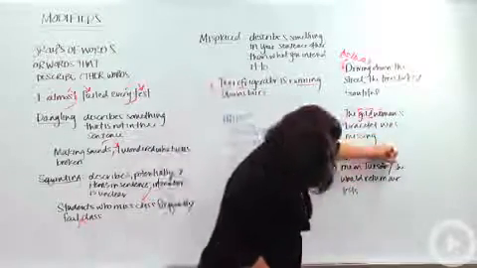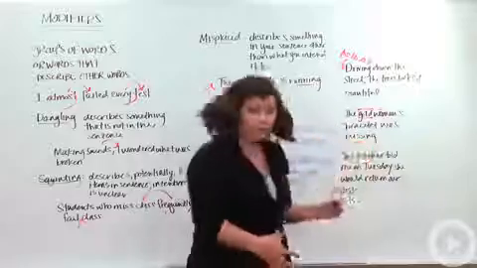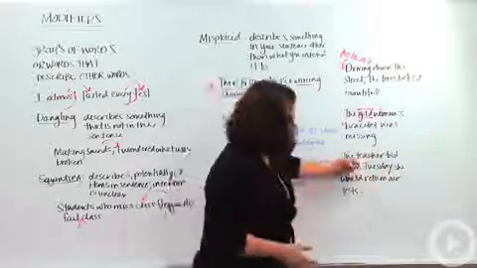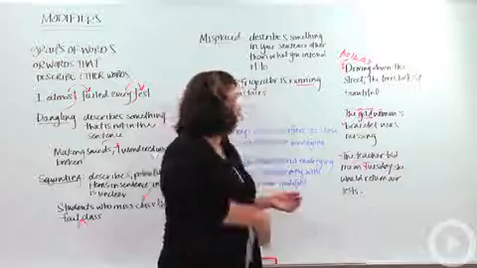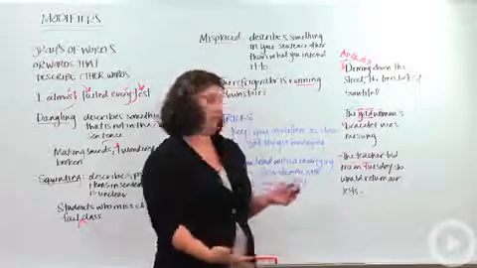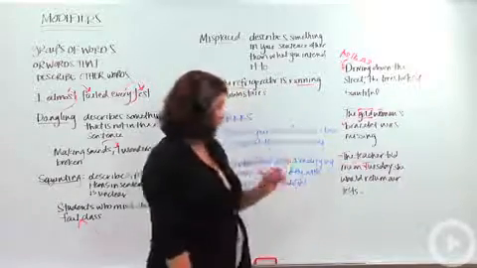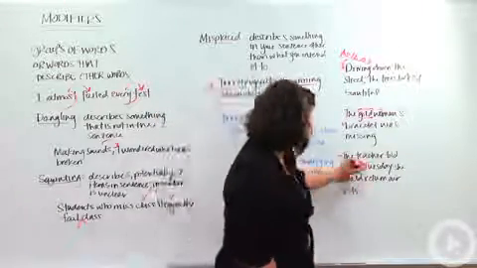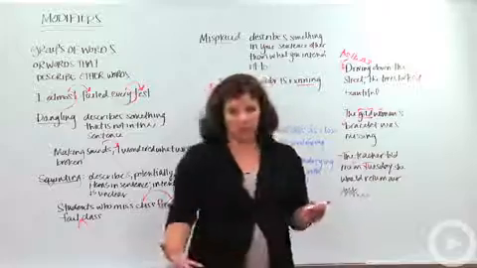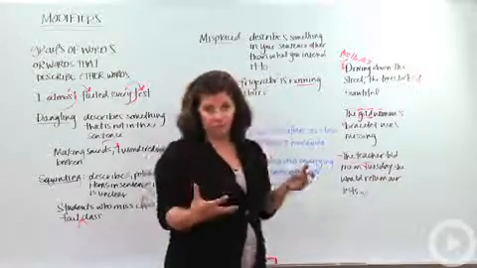So if I was trying to say that on Tuesday the teacher told me, I would move Tuesday up to the beginning. So I'd say Tuesday the teacher told me she would return our tests. If I meant it the other way around, I would say the teacher told me she would return our tests on Tuesday. And that makes that meaning a little bit more clear.